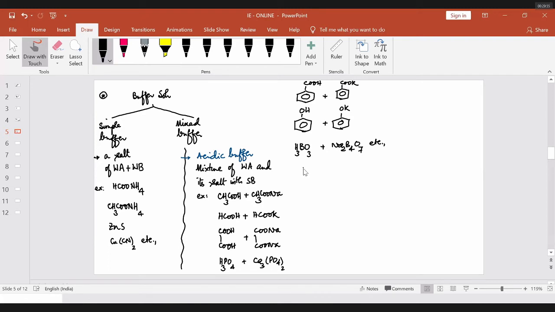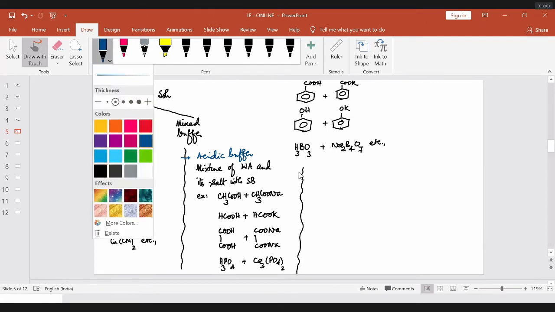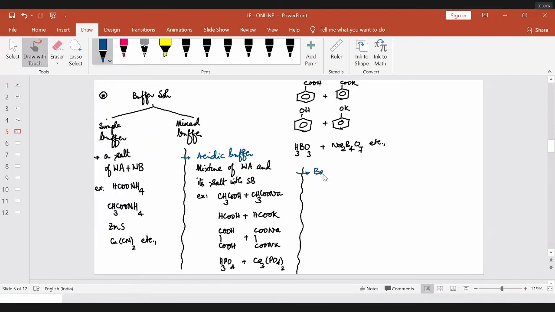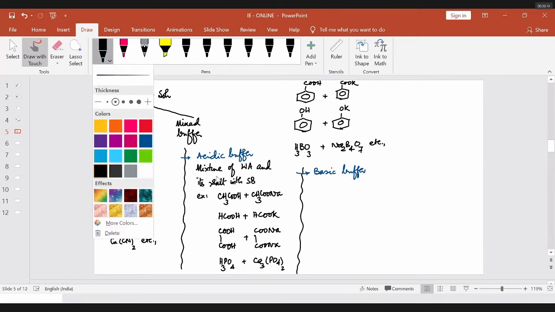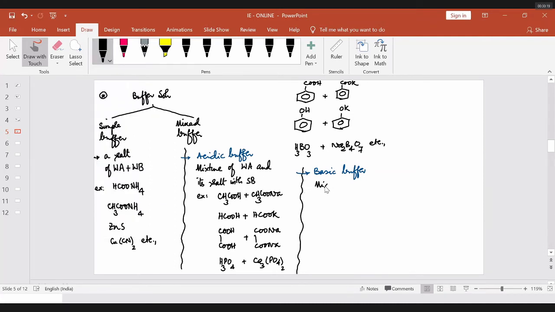Next. The next one is supposed to be something like this. Naturally, it must be called which buffer? Basic buffer. Let us have some cheating process. Acidic buffer, mixture of weak acid and its salt with strong base. No, no, no, no. It is to be written as a mixture of weak base and its salt with strong acid. Come on.